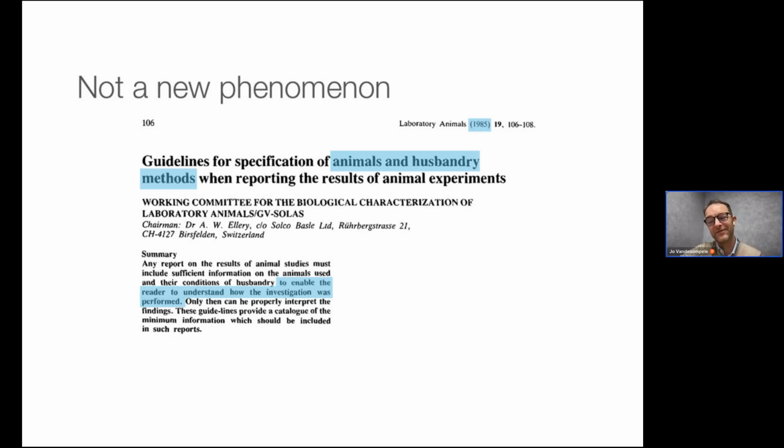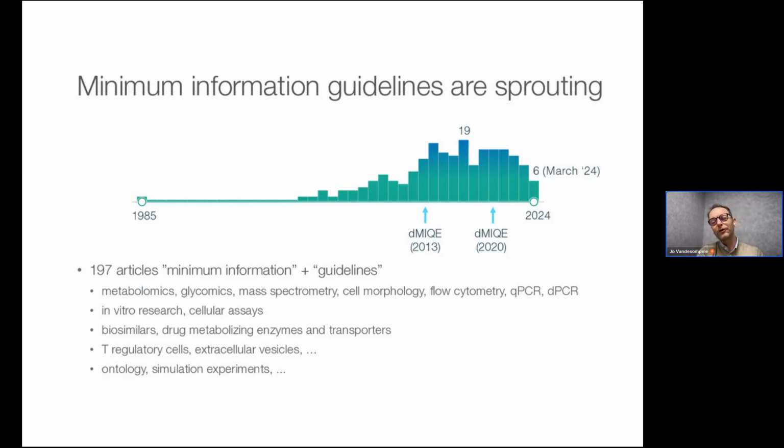So minimal information guidelines is not a new phenomenon. This is a paper from 1985 in which minimal information guidelines were published for animals and husbandry methods. Quite cool, it's the first minimal information list. Since then, 197 studies came up with minimal information lists. And you see them progressing in time, and digital PCR actually has 2.